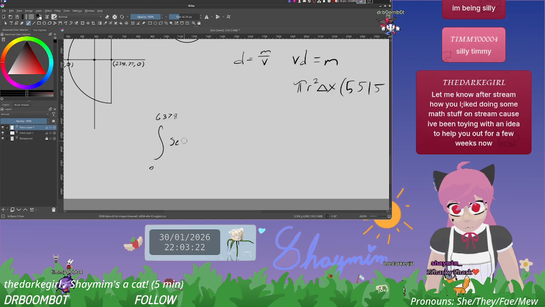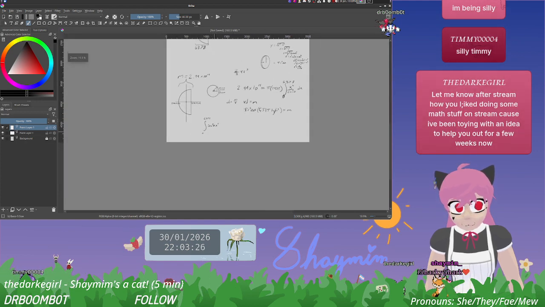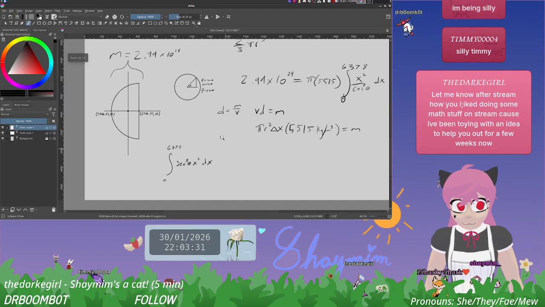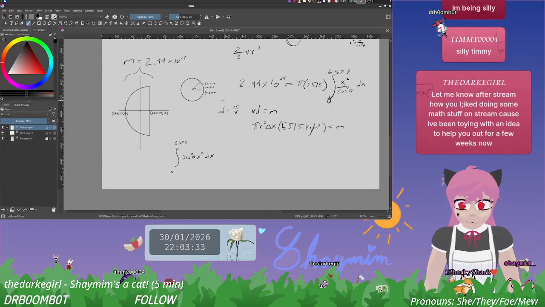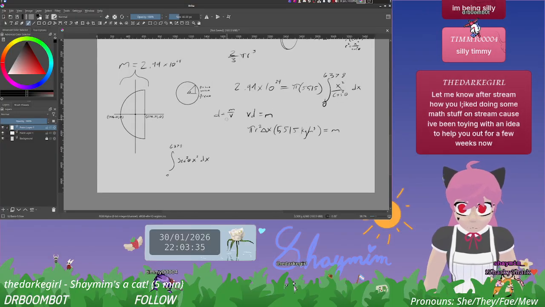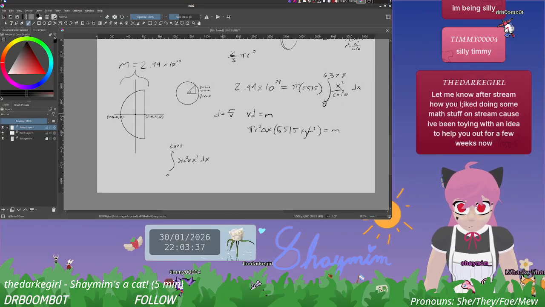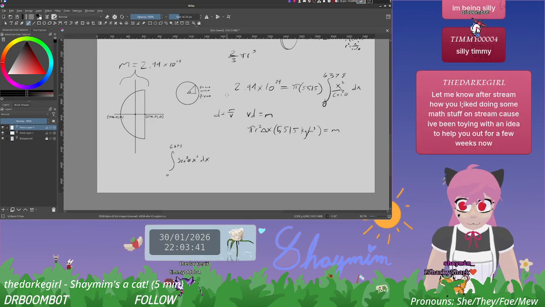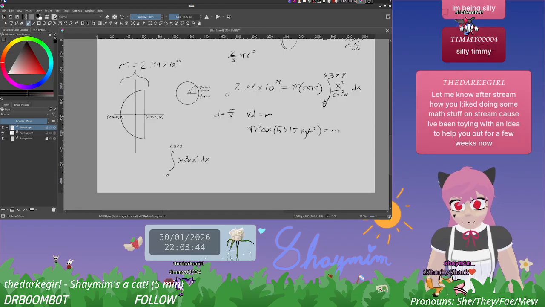So that's secant squared theta times x squared with respect to x. So this is the integral I'd like to solve. It's just that I do need to solve for theta.